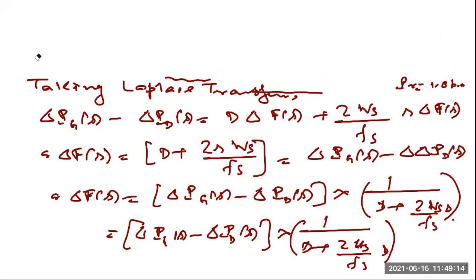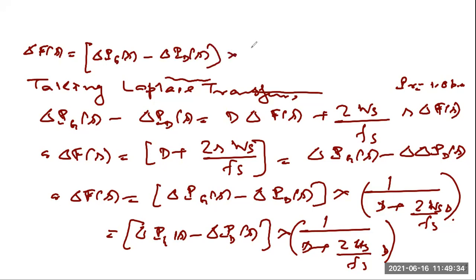You see here delta Fs equals delta Pgs minus delta Pds. And here we are taking 1 by D common. So D is taken common, so this will be 1 and this will be twice Hs by D into Fs into S.